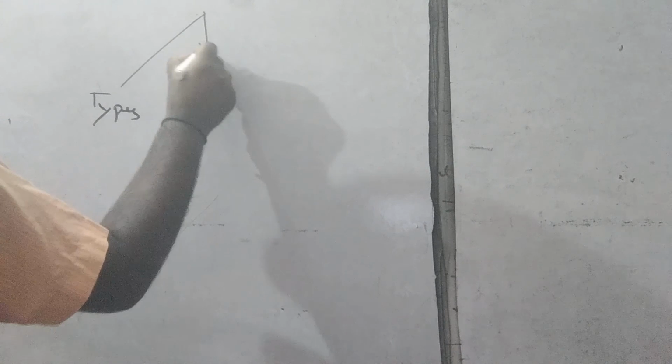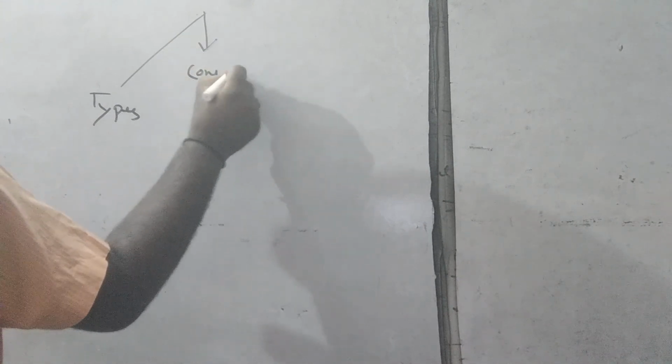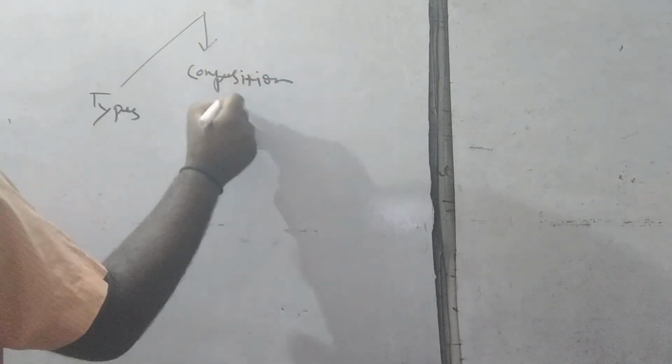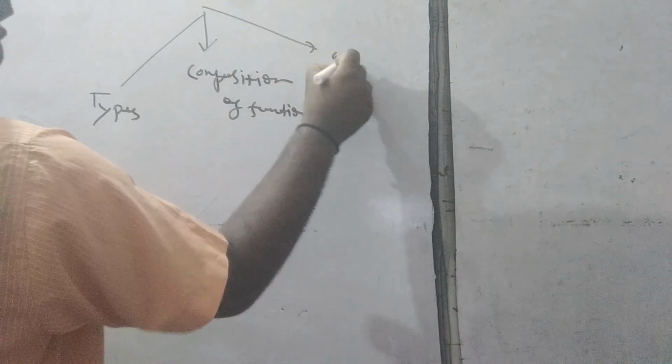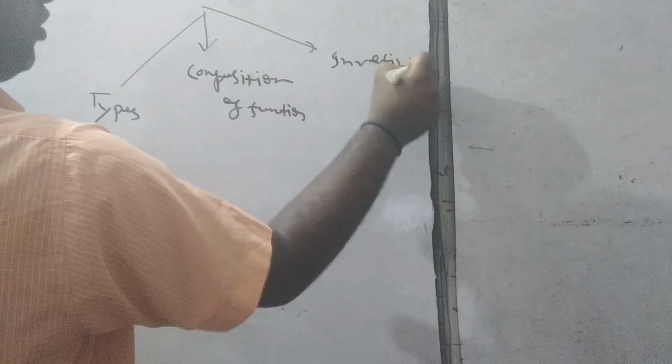So once again, if I make a flow chart, function has types, then composition of function, then invertible function. These major topics are there.